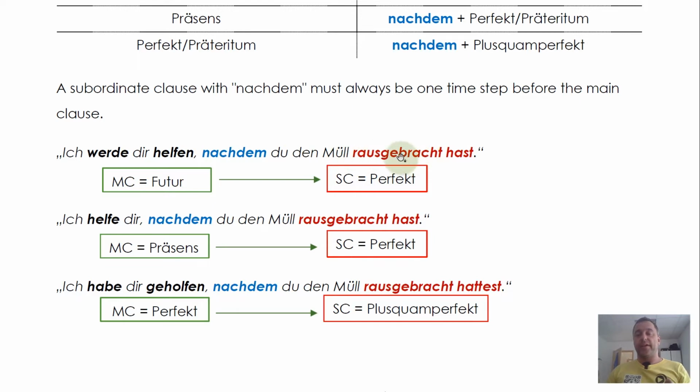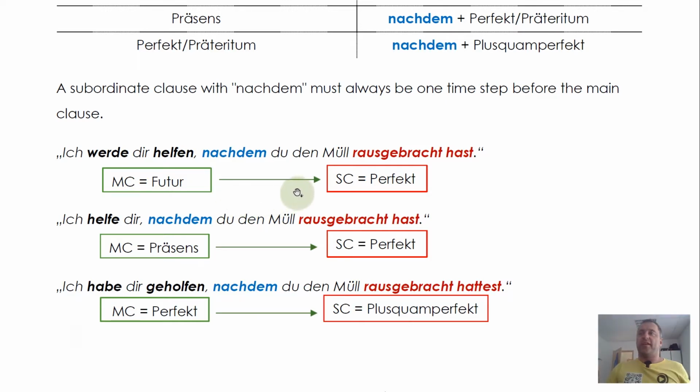And if it is actually an action, it has to be the past tense because this action has to be finished before this can happen. That's why it has to be in the past before this can happen, even if it's in the future. The only difference is if it's a state, and you do this with to be. So if you do an adjective plus sein, then you actually use the present tense.